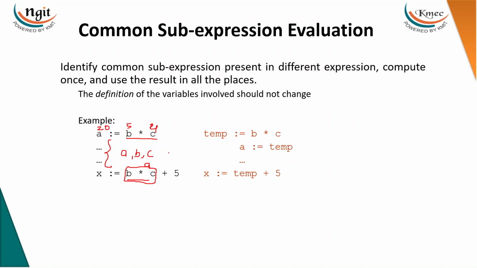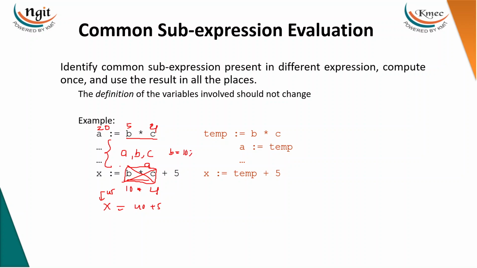What will happen if it is changed? Assume that the B value is 5, then in between these two, I've changed the B value to 10. Then what will happen here? So 10 into C value, which is 4, C is not changed. That is 40 plus 5. Before optimization, what is the X value here? 45. But by thinking that B star C is a common sub-expression and replacing this B star C with A, what is the A value? 20.